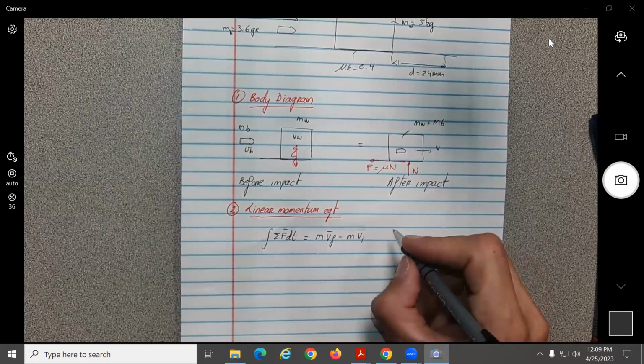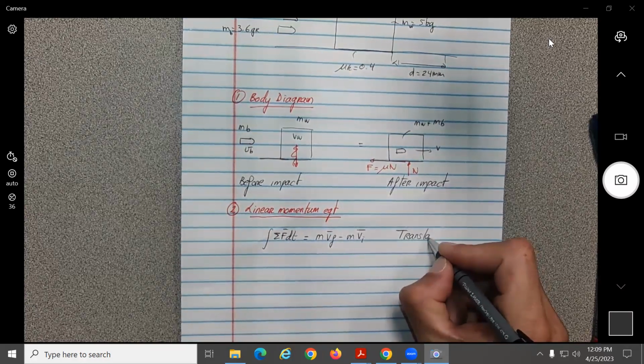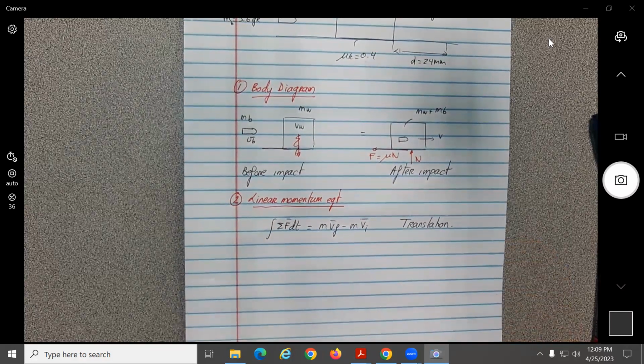This is for translation. What type of equation is this one? This is a vector equation, no?